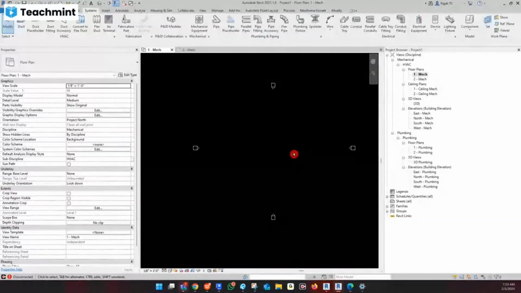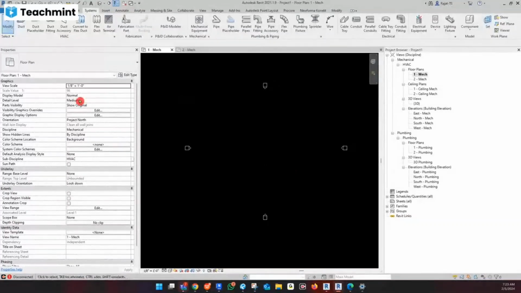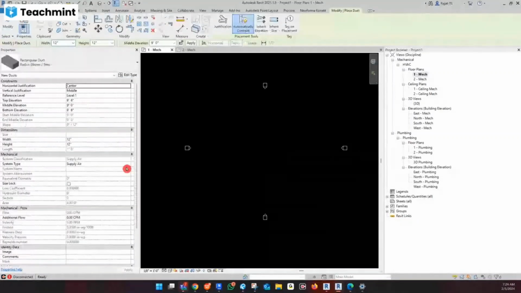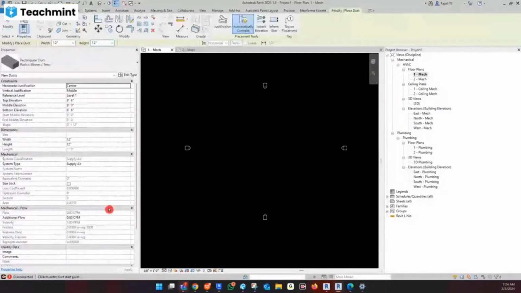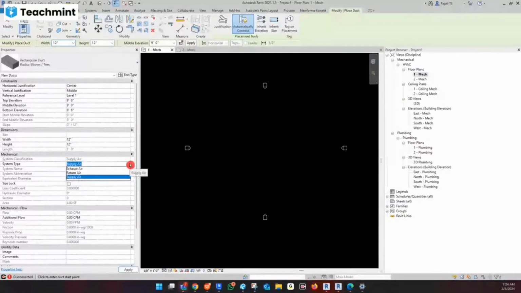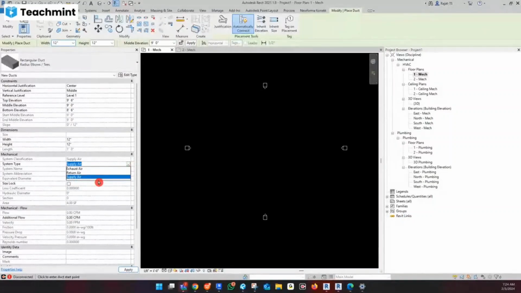First of all, I want to understand the systems of the duct. When I click on the duct here, you can see duct, supply, return, exhaust. So what is missing here? Fresh air. Always remember, if you want to create a system in Revit, sometimes in the project we have specific systems, let's say low pressure supply air and high pressure supply air. Low pressure supply may be required in the corridor area, while in the room high pressure supply air is required.